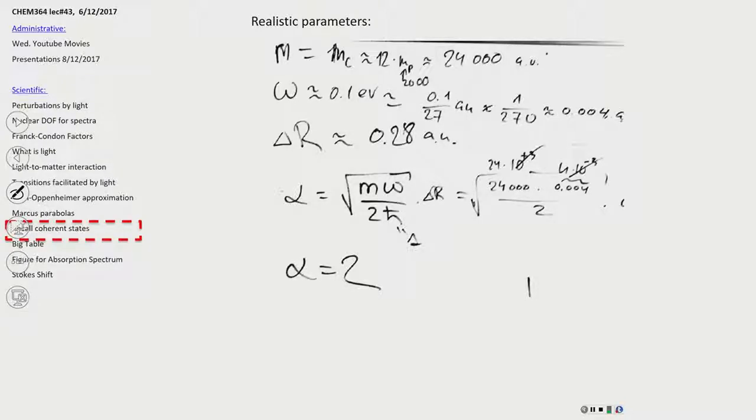In Ben's research you put the mass of bromine, which will be over 100. Frequency you can put like 0.1 electron volt, which is just typical. Then we set up the offset as some arbitrary number like 0.28 atomic units, which will be like 0.15 of an angstrom. And then this parameter alpha, if you plug in all values, will be 2.